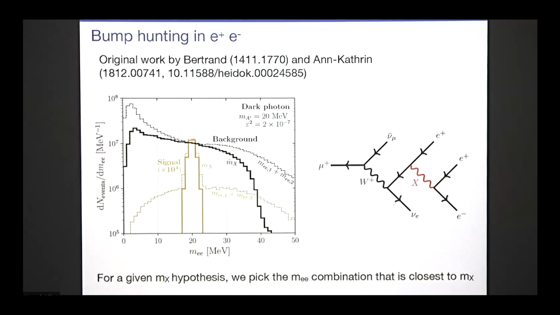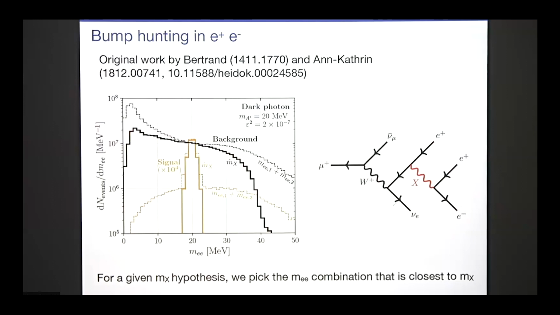There are a couple ways of doing this. There's some combinatorial confusion because you don't a priori know which positron, of the 2 positrons, you should combine with the electron. There are a couple different prescriptions, but what we did is, for a given hypothesis mass, you pick the invariant mass combination that's closest to the hypothesis you're interested in. That's this black solid line you're seeing.